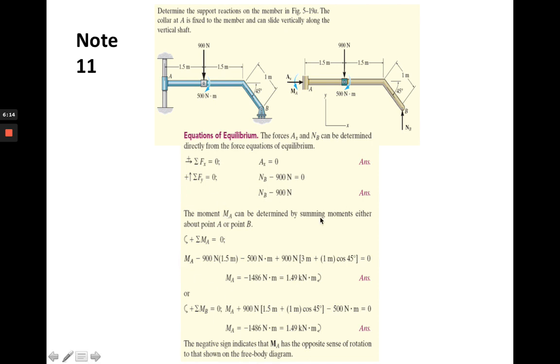Okay, so this thing always remember, I hope you still remember, when you take a moment, you can take from any points that you like. So for this example, you can take moment at point A or you take moment at point B. However, no matter you take A or B, the most important part is you must understand, if you take at point A, all the distance must be now referring to point A. If you take point B, all the distance must now referring to point B. And also you have to be very careful, are you going to use scalar method or vector formulation?